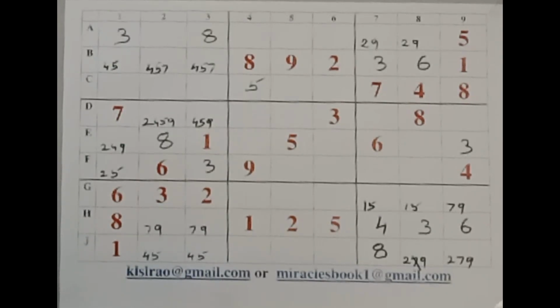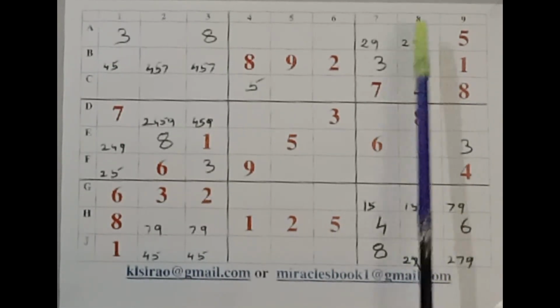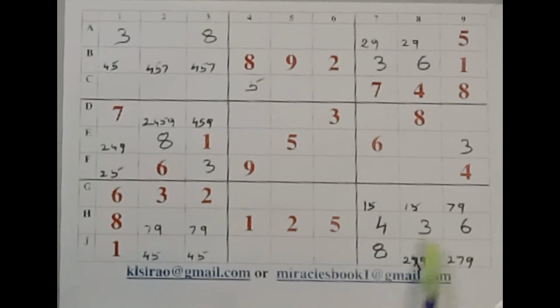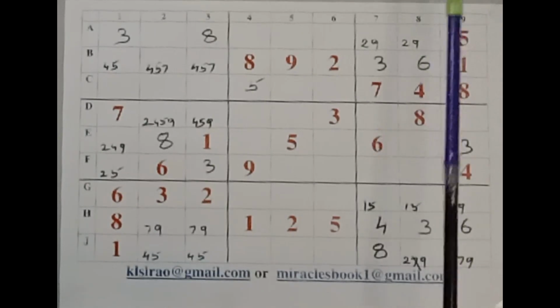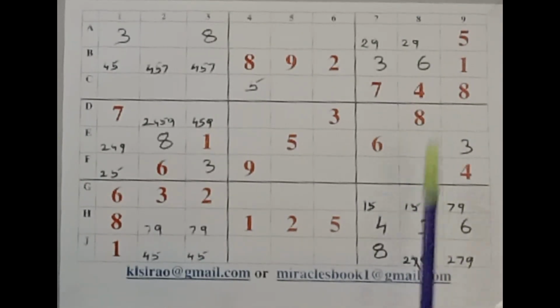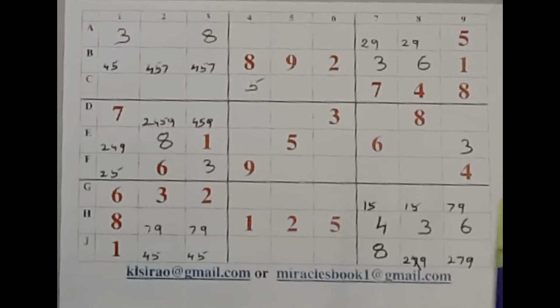Now see the fun. We have made a pair of 2 or 9 in column number 8. Okay, 2 or 9 here and 2 or 9 there. That means in column number 8 we have got only 3 vacancies now. That is for 1, 2 and 7.